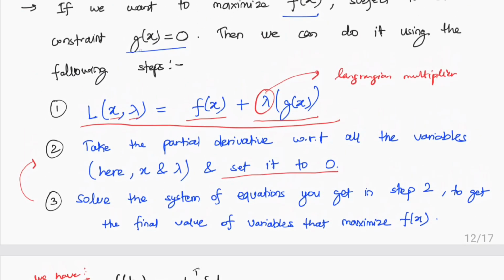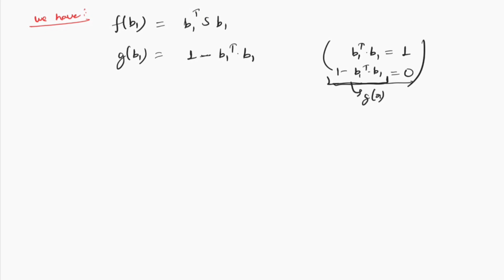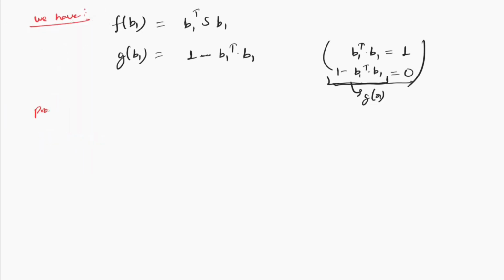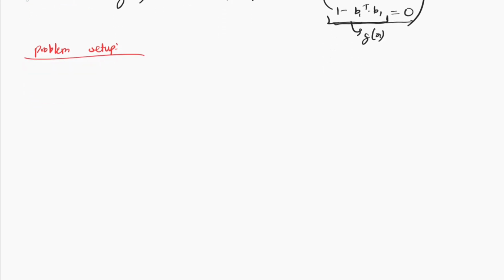That is what we defined here, g(x). So now we will set up the problem according to the Lagrangian multiplier. The Lagrangian of B1, since B1 is the vector, and lambda, we can write as f of B1 plus lambda into g of B1.